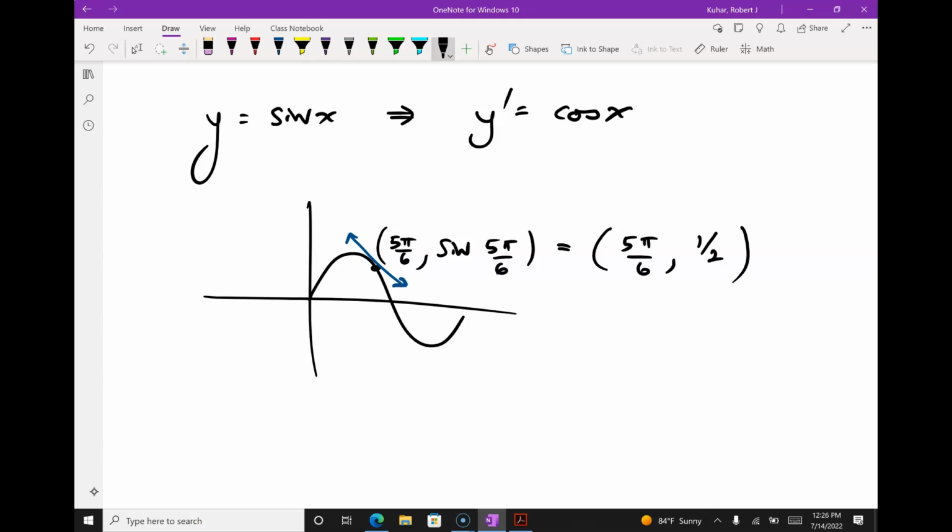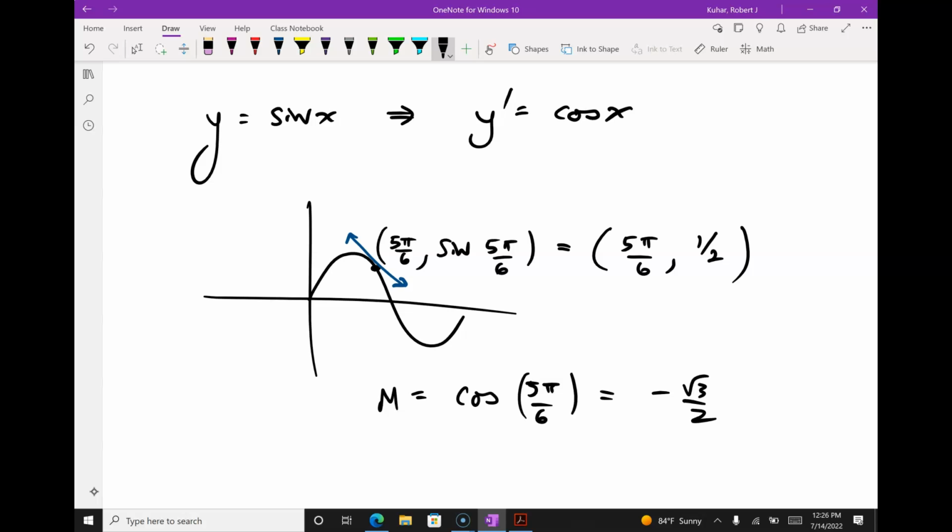What's the slope? What's the derivative? Cosine. So I need m is cosine of 5 pi over 6, which is negative what?